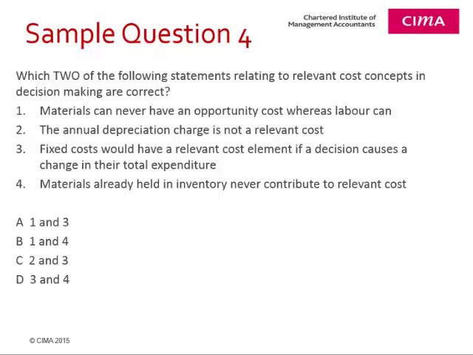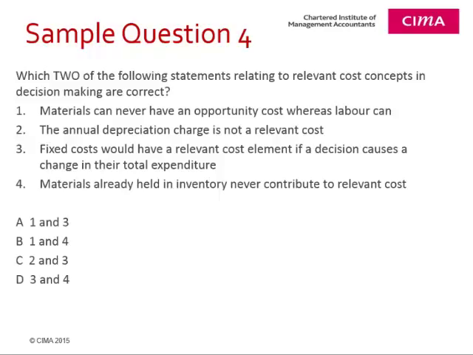So what we're looking for is two of the following statements that are correct, and therefore two are incorrect. And with four statements, you've got several combinations: 1 and 3, 1 and 4, 2 and 3, 3 and 4. So how would we go about answering that? Well, in this case, a little thought will confirm that statement 1 is incorrect.